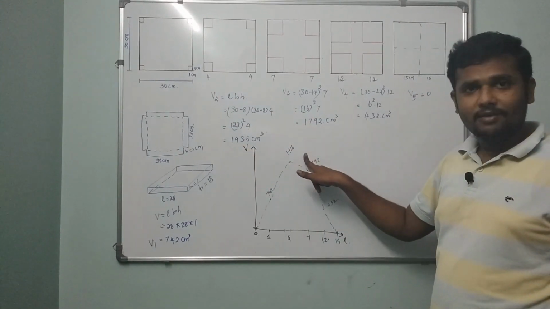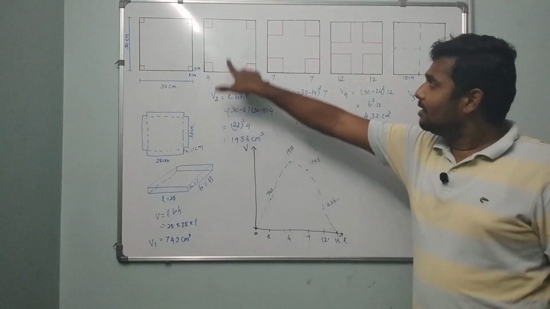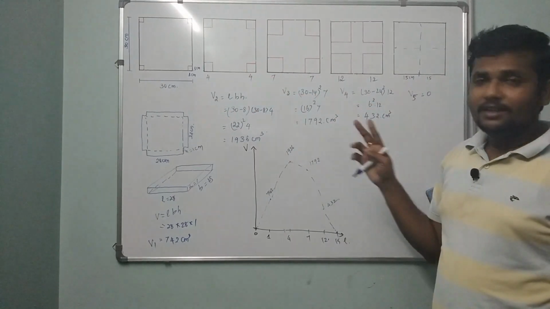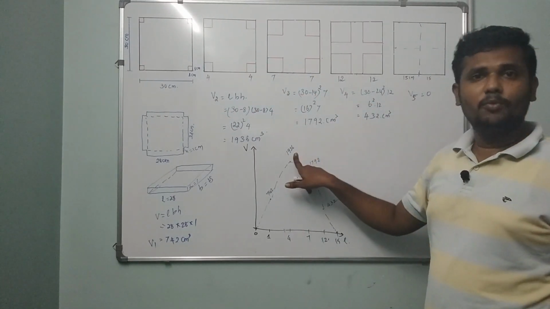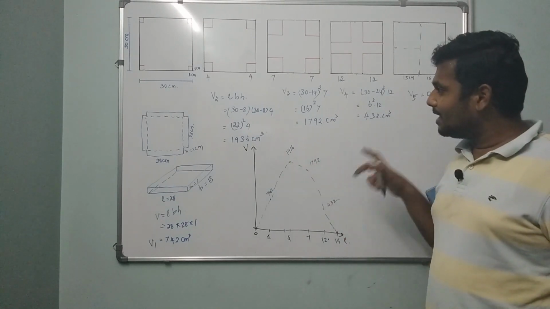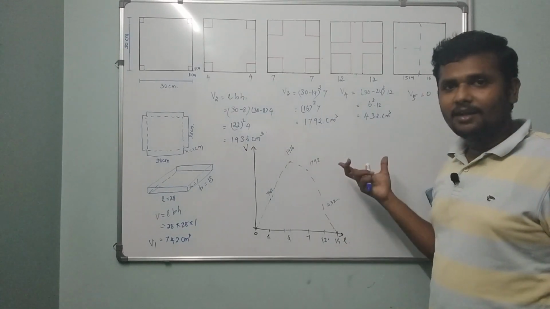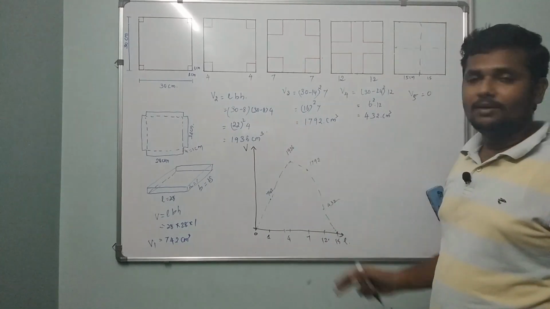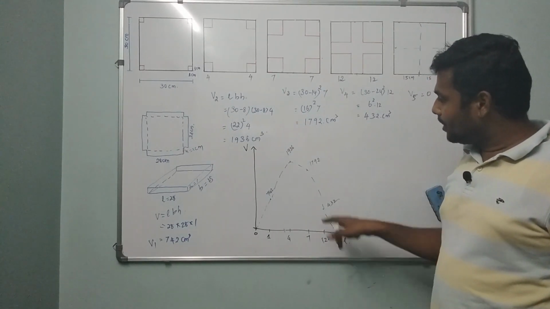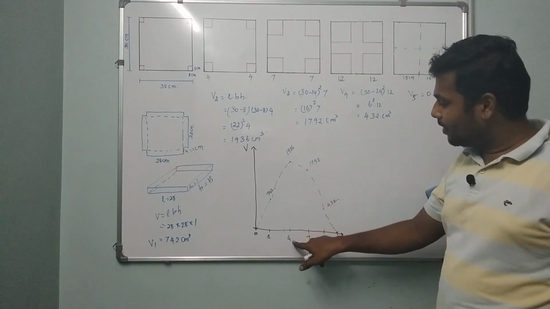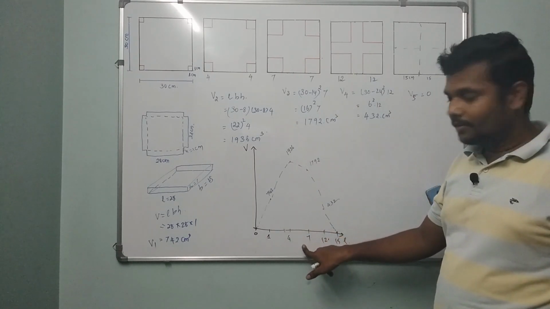By seeing the graph, can we say that by cutting the box with a length of 4 we can make a maximum volume? But I am not satisfied, because I am just taking a random length and I just found that volume. So I am more interested in what happens if I increase the length further a little bit.